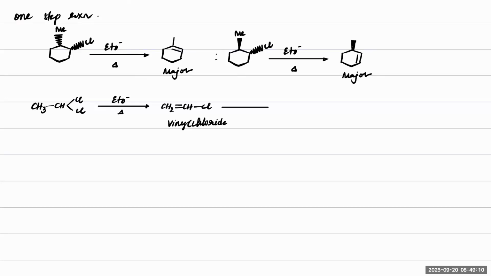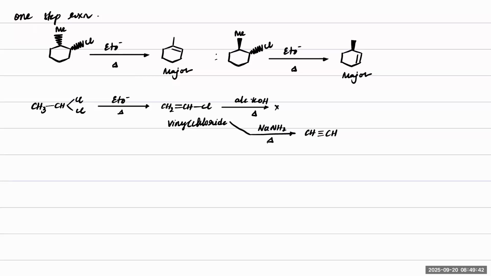So with alcoholic KOH and heat, nothing will happen. But in case I use NaNH2 and heat, sodamide and heat, now this can help in eliminating H and Cl, converting that into a triple bonded form. Clear? Any doubt? Understood.